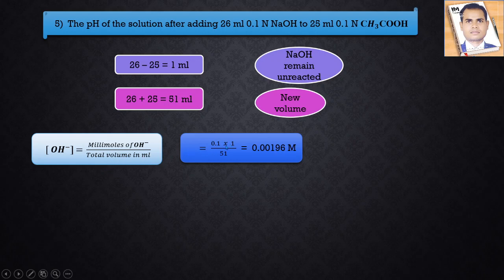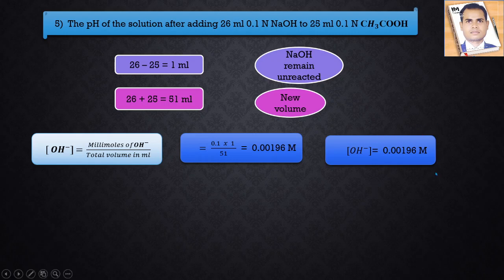You simply take 0.1 into 1, since 1 ml is extra, divided by 51. After calculation you will get 0.00196 molar. So in this way you can calculate the concentration of OH minus ions.